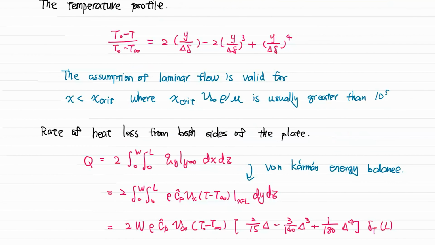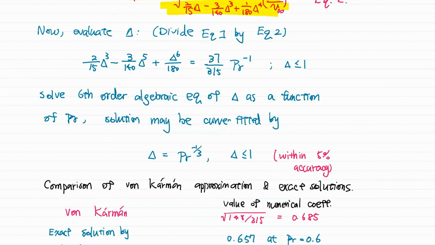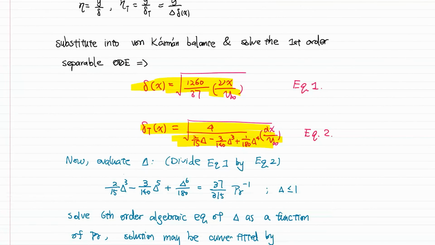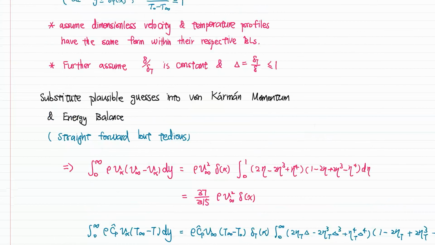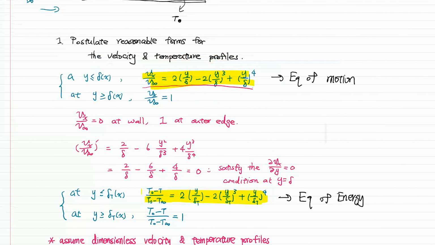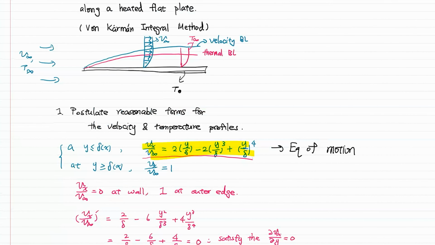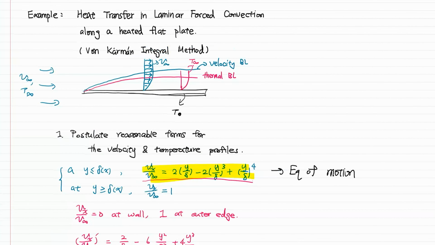Okay, so we have plenty going on. Let's try to go back and organize our thoughts again. So again, let's start from the flat plate argument here. Remember that after we have derived the von Karman momentum and energy balance, we're going to use that to look at a simple example, which is heat transfer in a laminar forced convection along a heated flat plate.